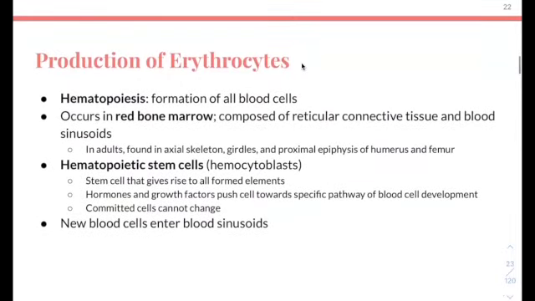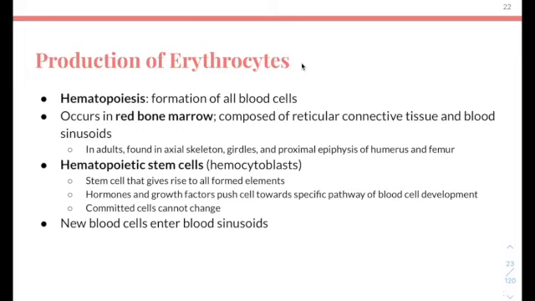So red blood cells are produced in the bone marrow, in red bone marrow, and it's formed through hematopoiesis. All red blood cells and white blood cells come from the same place.